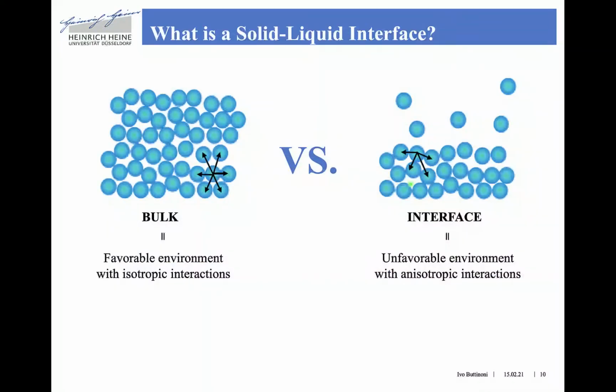To understand why surfaces play such an important role in fluid transport at small length scales, we should first realize that in contrast to bulk phases, which are favorable environments with isotropic interactions, interfaces are unfavorable regions where the molecules, atoms, or particles interact differently with the two neighboring phases: on one side, the solid surface, and on the other side, the liquid medium.